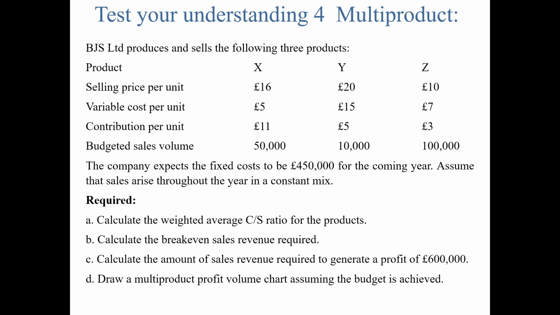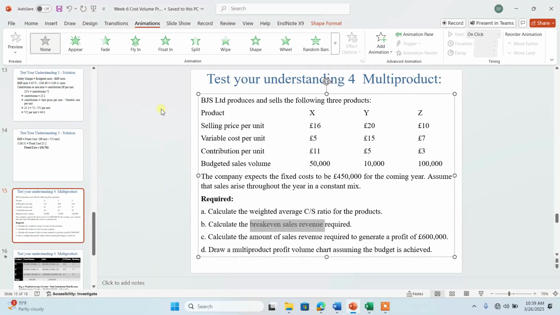What product should be my first preference? If you remember the previous video, I told you that the higher the contribution to sales ratio, the more preferable it is. The product with a high contribution to sales ratio adds more profit while making a dollar of sales. So let's do it step by step.